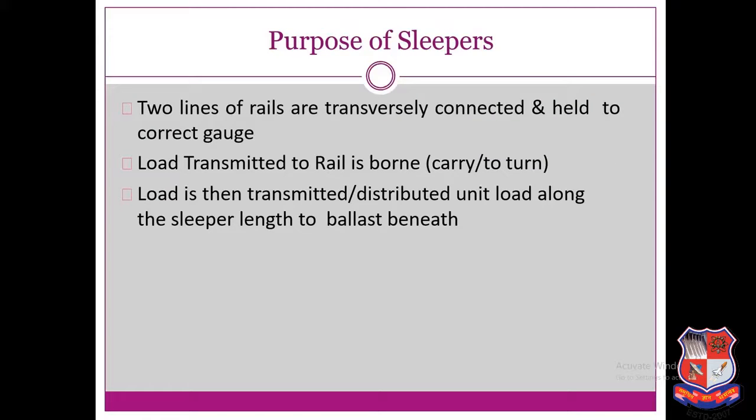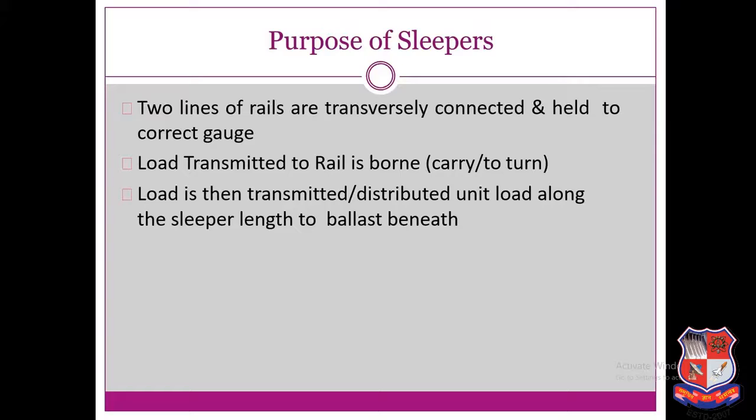So the purpose of sleepers. First, two lines of rails are transversely connected and hold the rail in correct gauge. Second, the load transmitted to the rail is borne. Whatever load comes from the train is transmitted to the sleepers, then to the ballast.